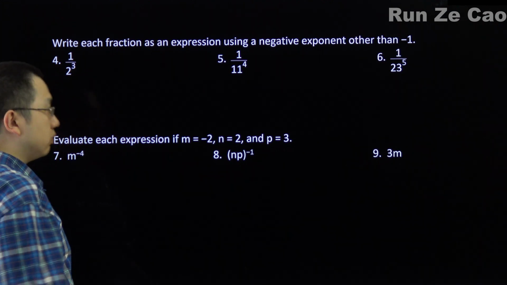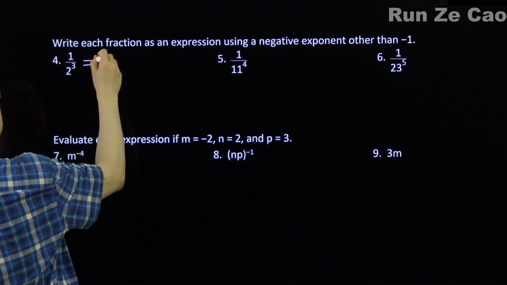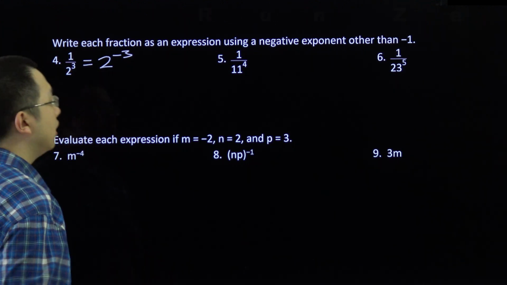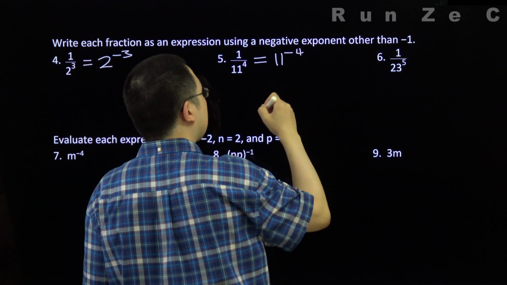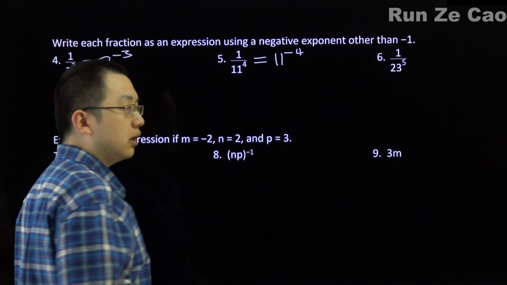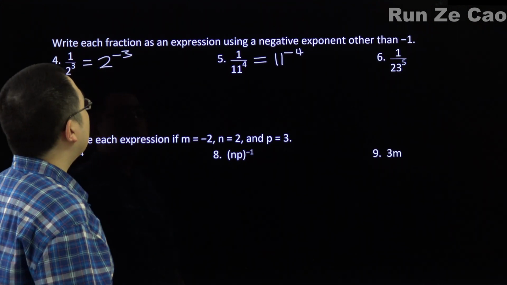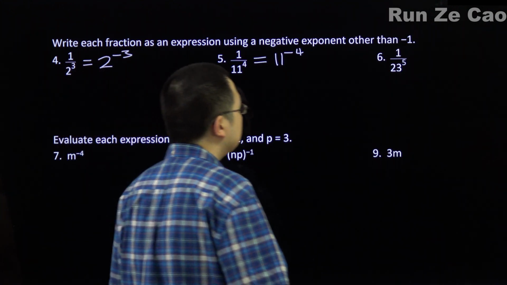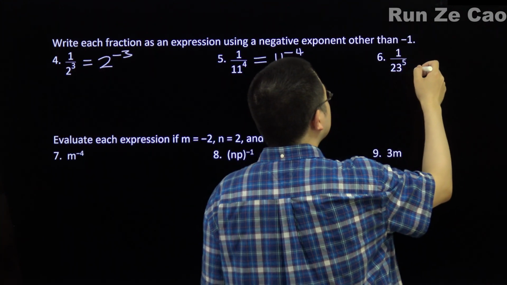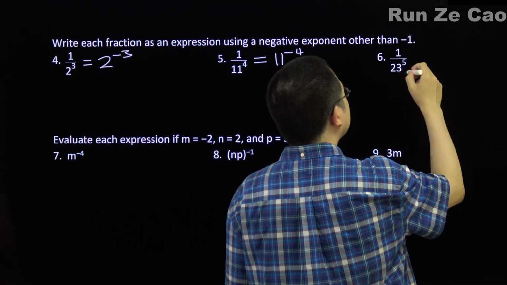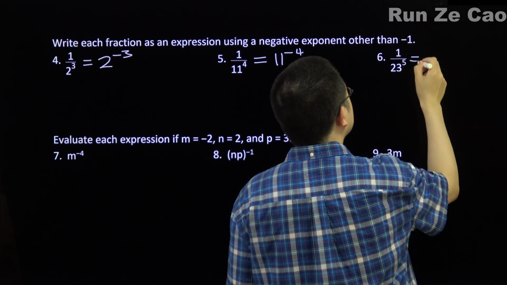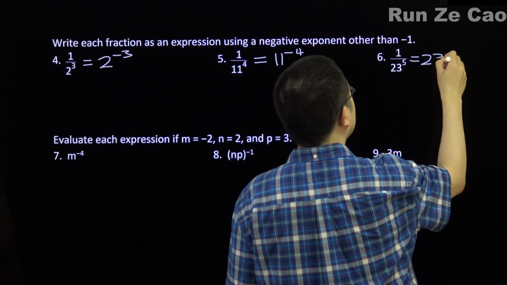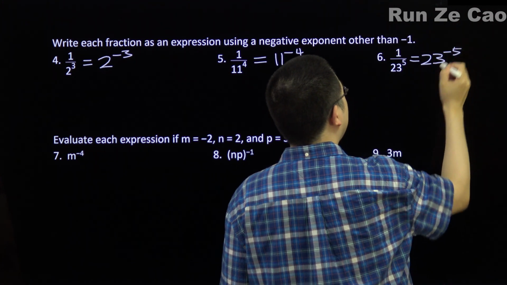No. So we're dealing with 2 to the negative third power is equal to 1 over 2 to the third. 11 to the negative fourth power is equal to 1 over 11 to the fourth power. Here, 1 over 23 to the fifth power is equal to 23 to the negative fifth power.